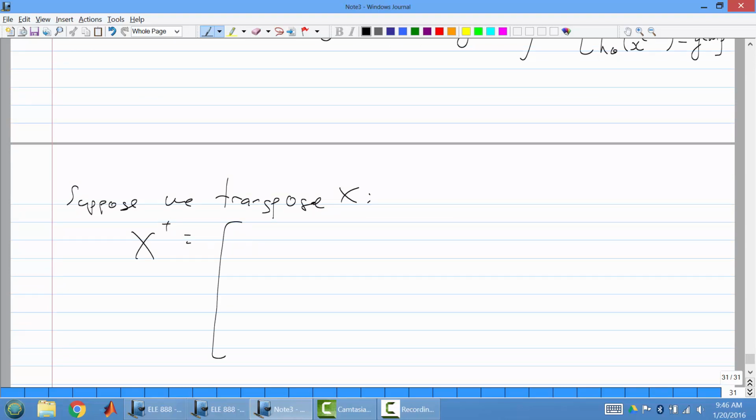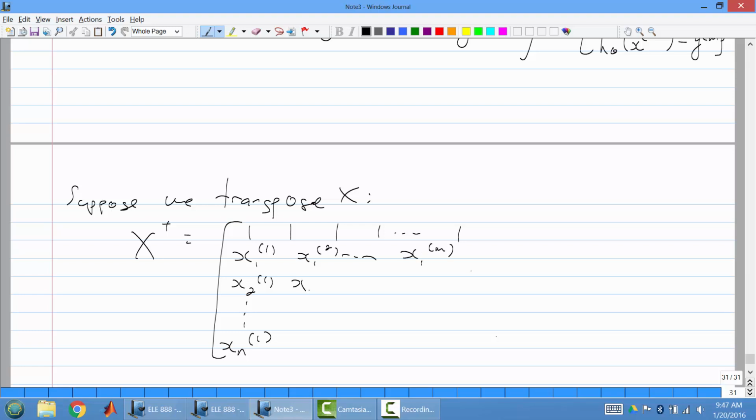So you'll have a row of ones, and then each feature is now a row and each column is an example. So 1, and then X1, 2.